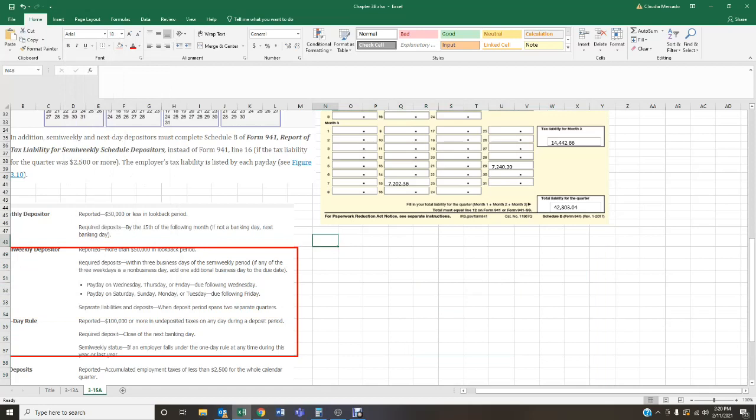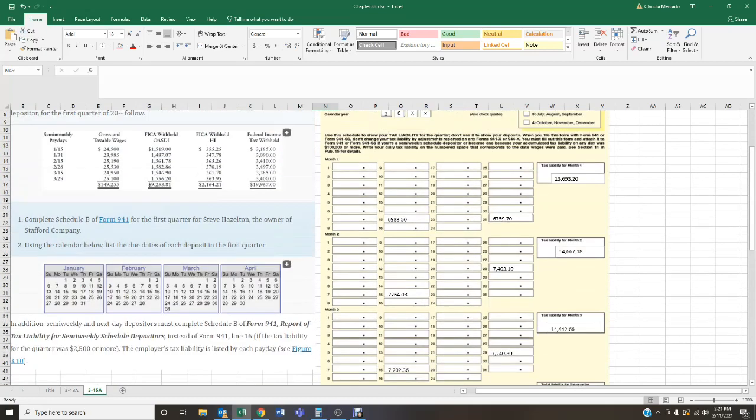So we have deposit due dates. The first one is for the January 15th. When should we deposit the monies for our taxes for our January the 15th payday?